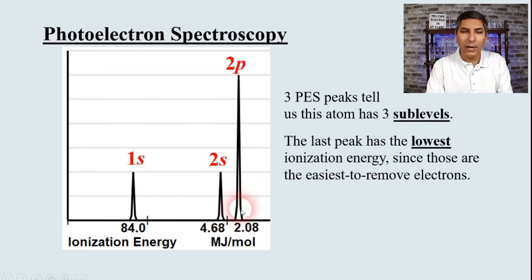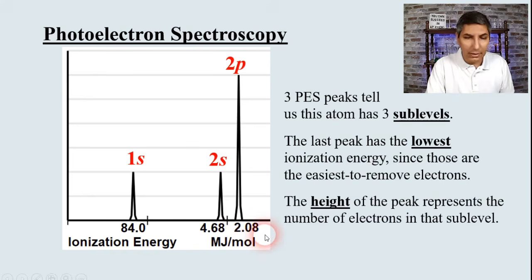Now that sounds like a lot, but that's a whole lot less than, let's say, this first peak here, 84 million joules per mole, to remove those inner core electrons, the 1s electrons. And like we say, those last electrons, those outermost electrons, are the easiest to remove. And so that's why they have the lowest ionization energy.